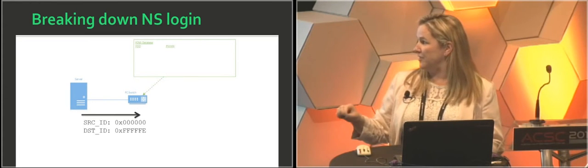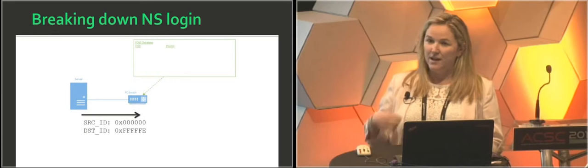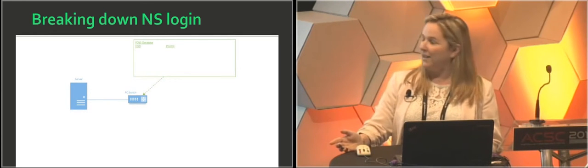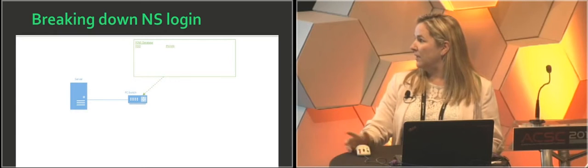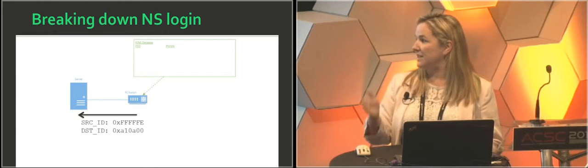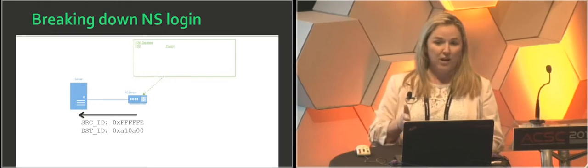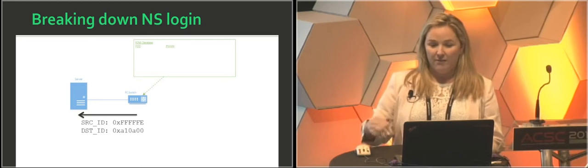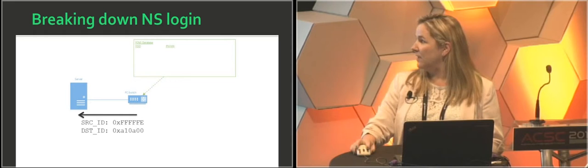My server is attached to the switch. It comes online. First thing it does is send a frame to the well-known destination ID of FFFFFE, which is similar to a broadcast address. It sends it from source 0000, which lets the switch know that it doesn't have a port ID and needs one.